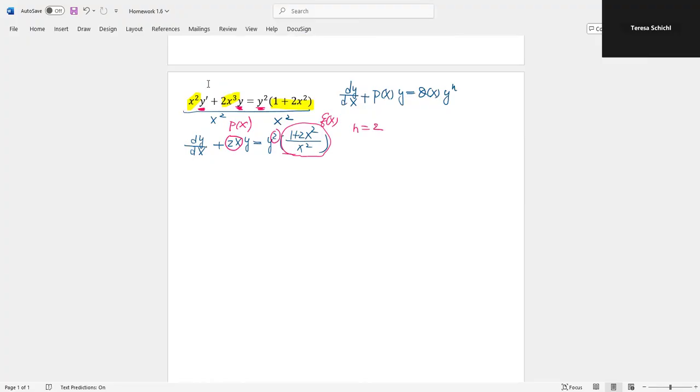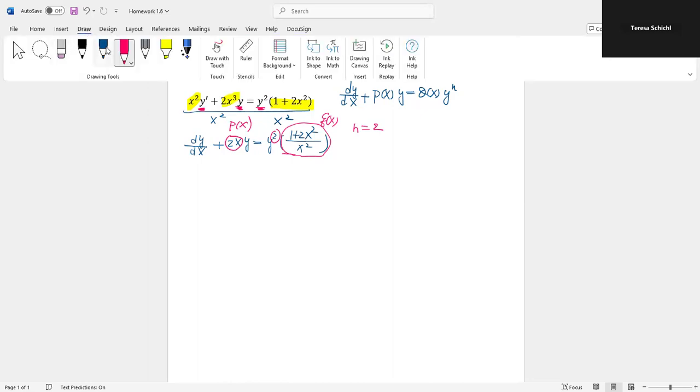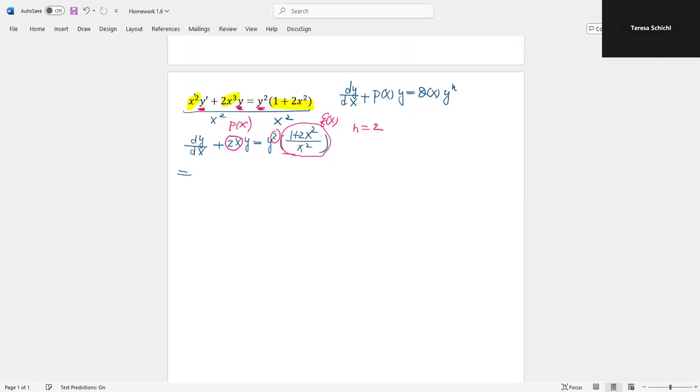After we identify this is the Bernoulli equation, we can just follow the typical step-by-step process. So let's do it one more time. Step number 1, what is step number 1? Let's define a new variable v equal to y to the 1 minus n, so it's equal to y to the negative 1, which is 1/y.